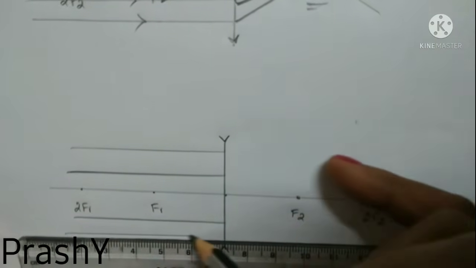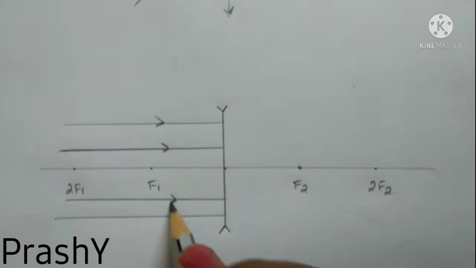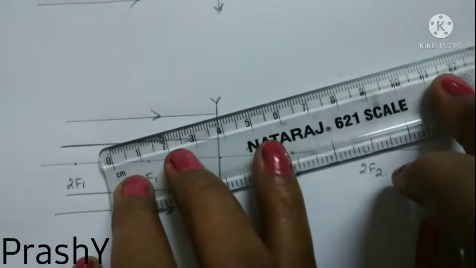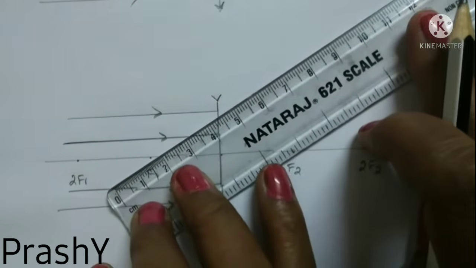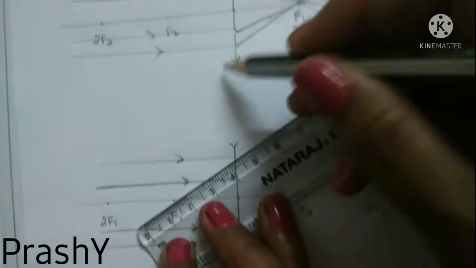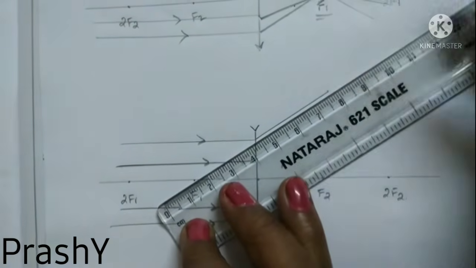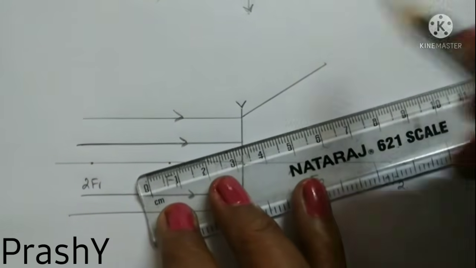These are the incident rays. The rays will get diverged because the concave lens is a diverging lens. So we will get the diverging rays here.